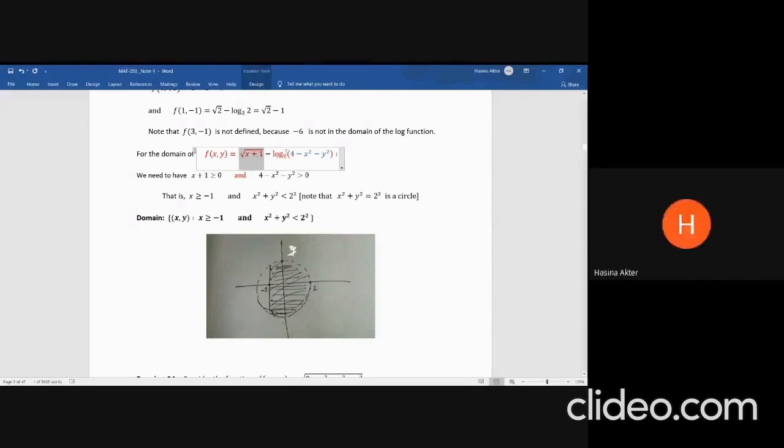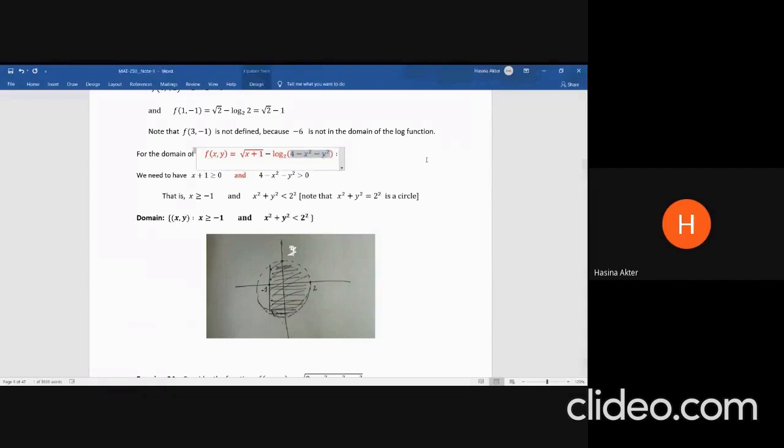Okay, now let's focus on the logarithmic function. We know that the domain of a logarithmic function is the set of all positive numbers. Whatever the form of the input, that input must be positive.